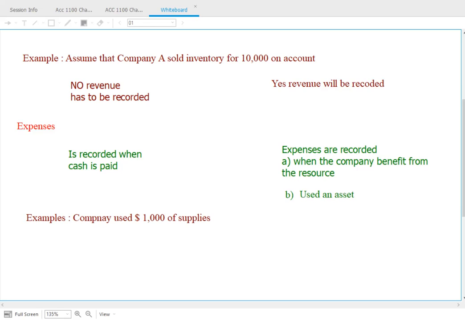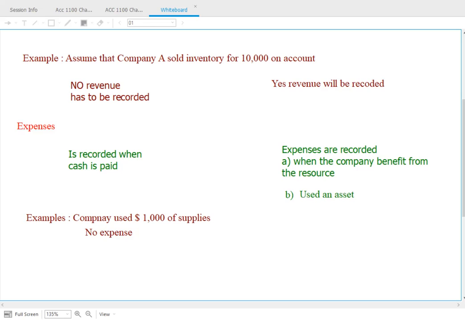So if the company is using cash basis, this is no expense. Why? Because when I use the supplies, I did not pay any cash. So according to the definition of the expenses under the cash basis, there was no outflow of cash. So under the cash basis, this is not an expense.